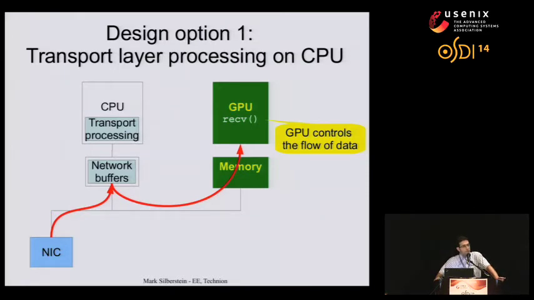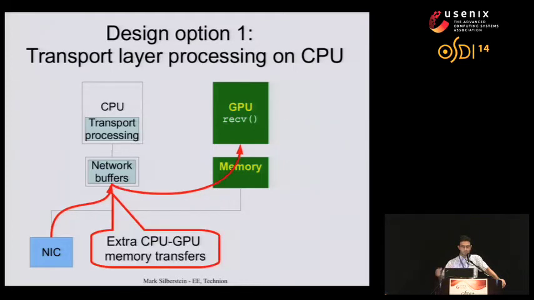Now, it is a very different design from the baseline design that we had, because now the GPU still manages the data flow. It still initiates the receive and send operations, but it delegates the actual processing to the CPU stack. The downside of this design, although it has been used in almost all projects that use GPU acceleration for networking, is that there is this extra CPU-GPU memory transfer, which really makes the performance much worse.